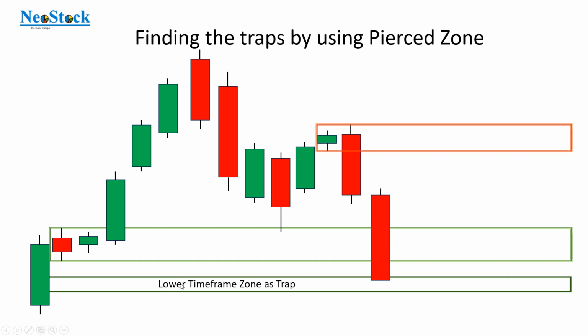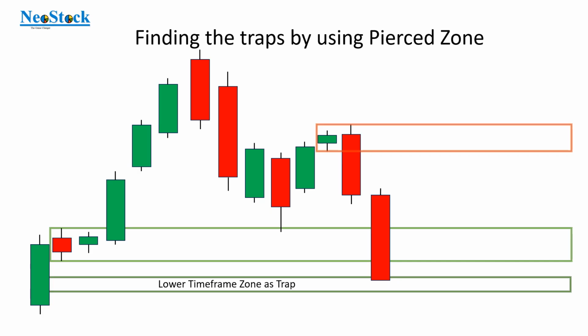What could the lower time frame zone be? It could be one time frame below, or two, or three time frames below, anything. Lower time frame zone is a general English phrase. I am not talking about HTF or LTF zones. In our bullish or bearish trade setups, you use LTF, ITF, HTF, but I am not talking about them.